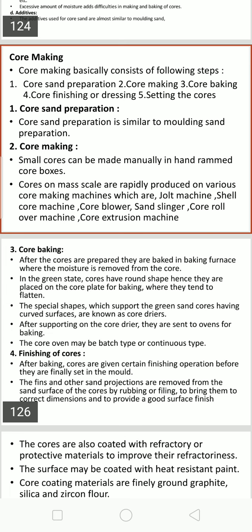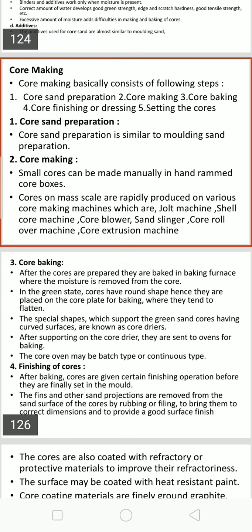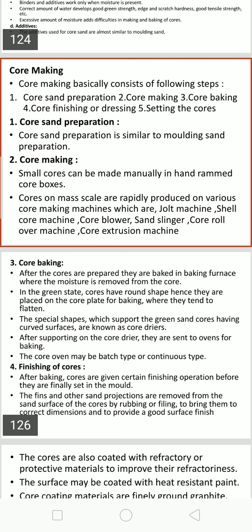All these are the different steps, so we'll discuss all these steps. First, core sand preparation.